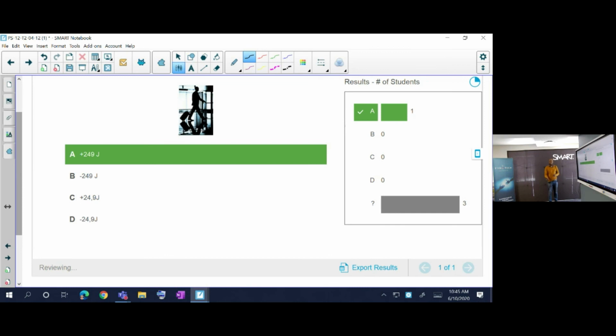Is it greater than 90 or is it less than 90? If it's less than 90, that is positive. And we have learned that positive work is the transfer of energy to an object, and that object will move faster and faster as it moves along.